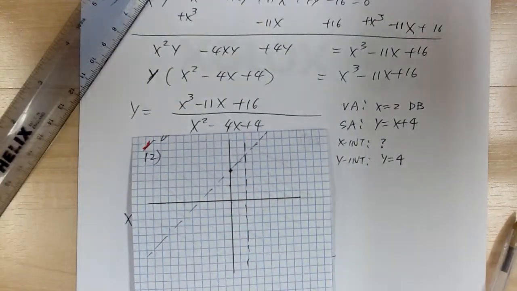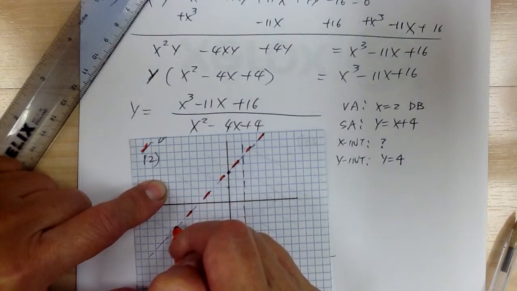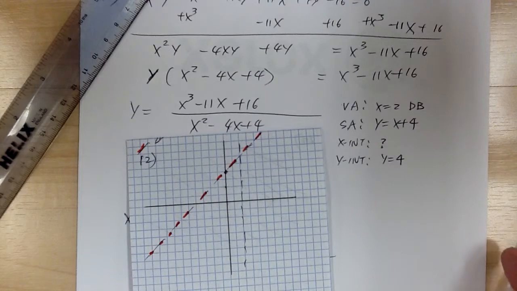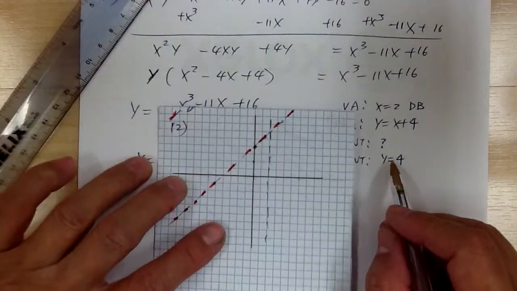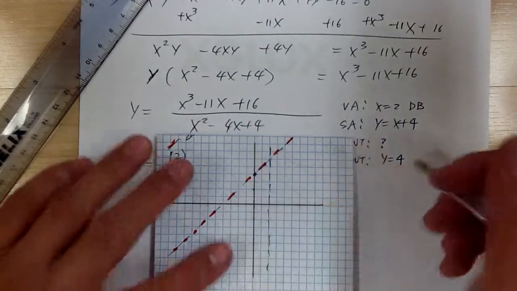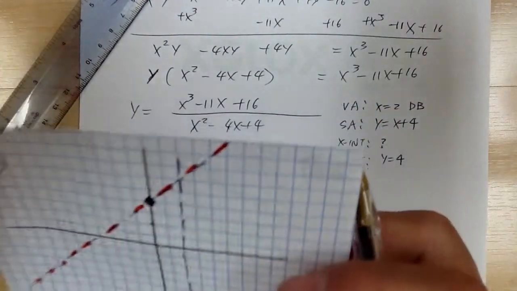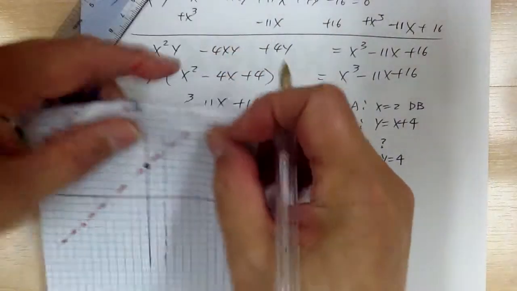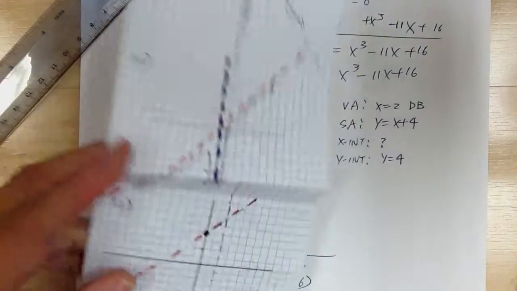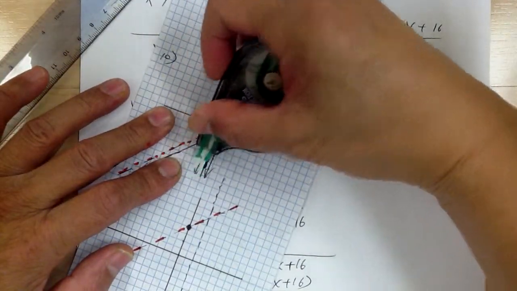I'm going to use the orange. And then your graph, so y equal to 4. This is going to be a little bit tricky. It happened to be right over here. So this is all the information that you have. I'm going to erase some part of these so I get more graph.